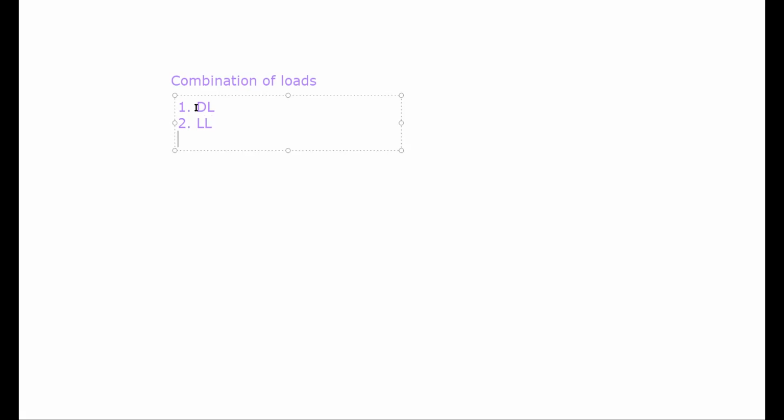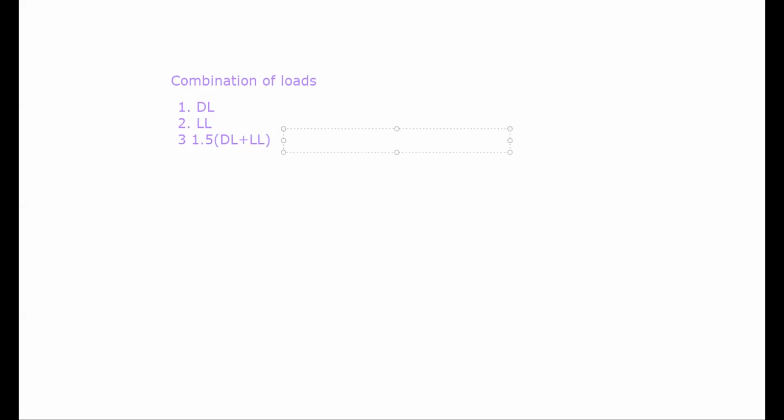Now the combination of load can be given as 1.5 times dead load plus live load, because 1.5 is the factor of safety.